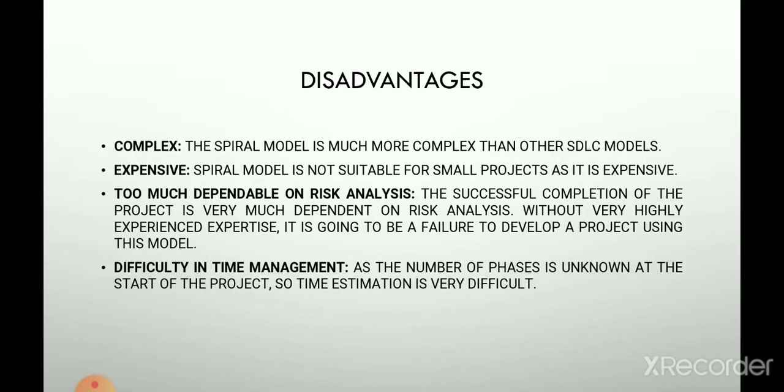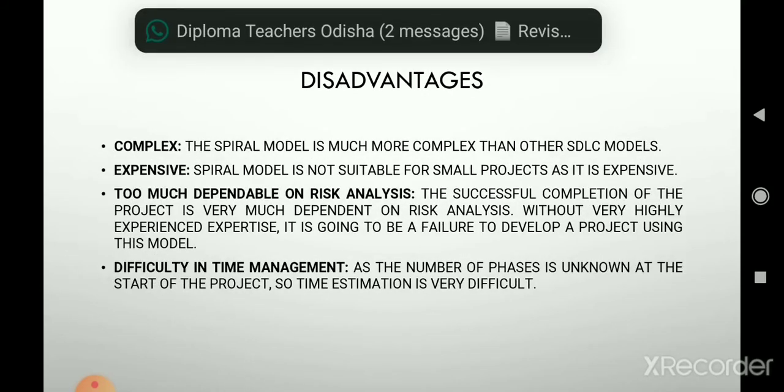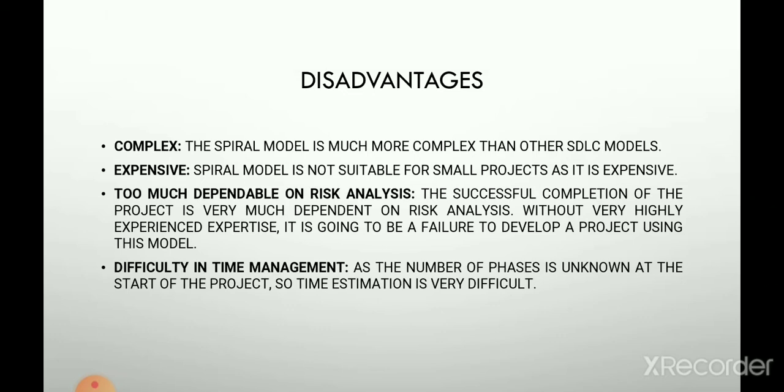Then the disadvantages of the spiral model. Okay, the spiral model is complex. The spiral model is much more complex than other SDLC models. Expensive. The spiral model is not suitable for small projects as it is expensive. Too much dependence on risk analysis.